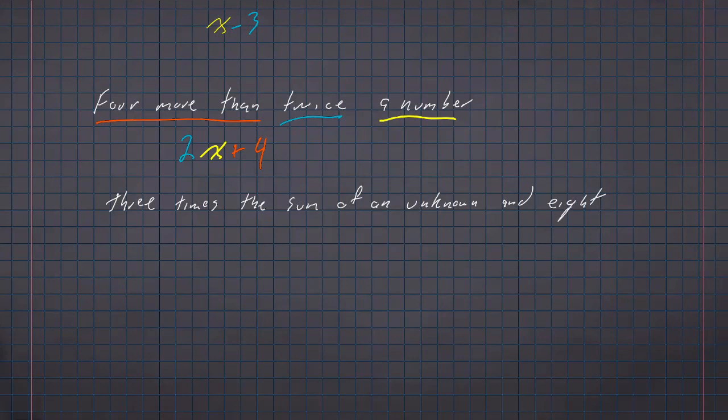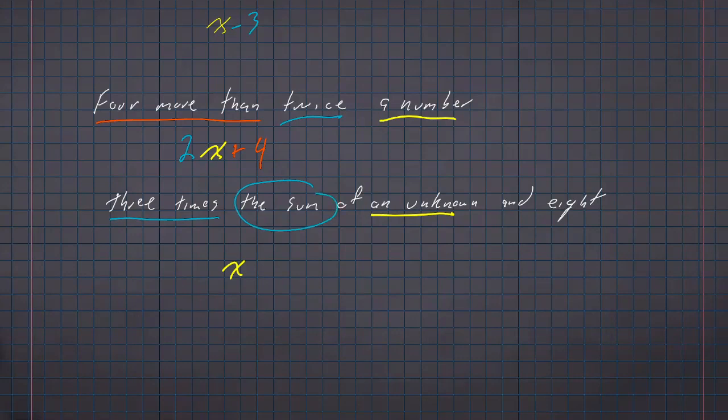Three times the sum of an unknown and 8. Different phrase this time, an unknown, a different way of saying the thing I'm looking for is x. Building out from that idea of unknown, I notice here that I want to do 3 times something.